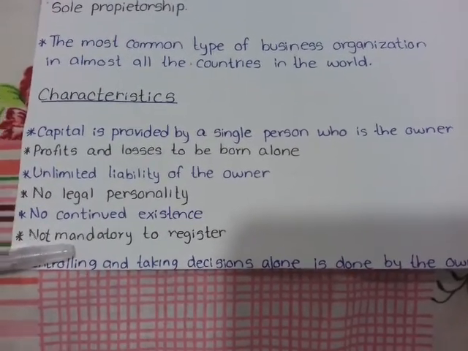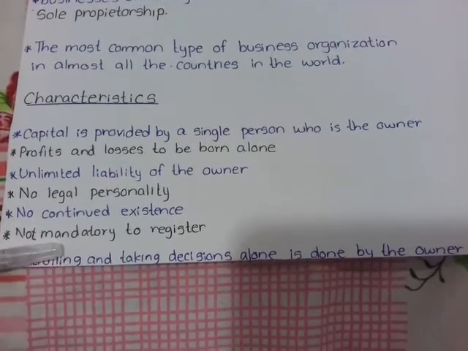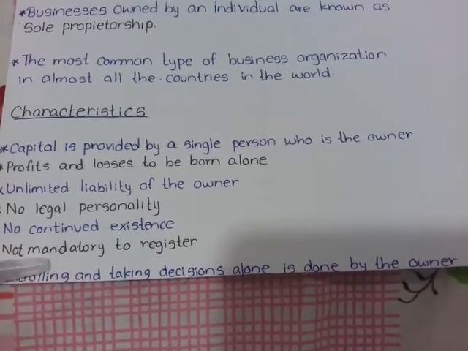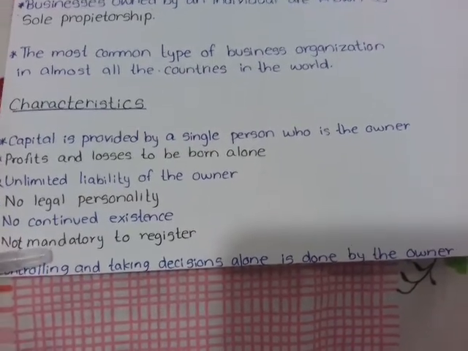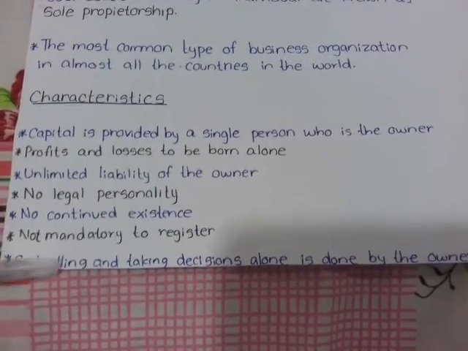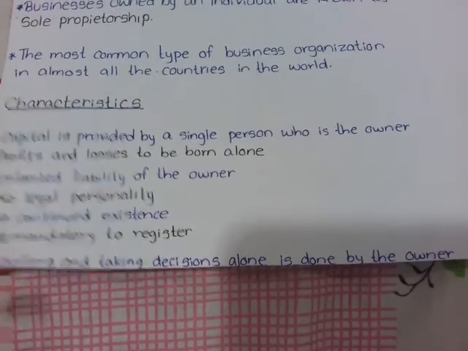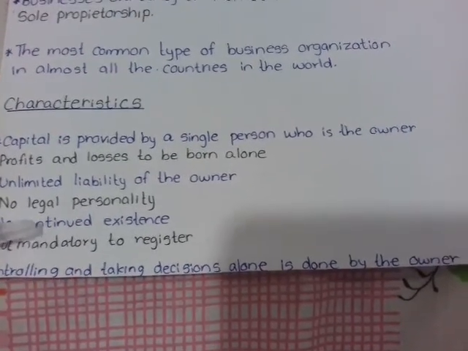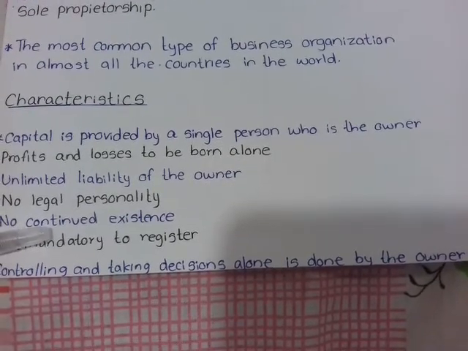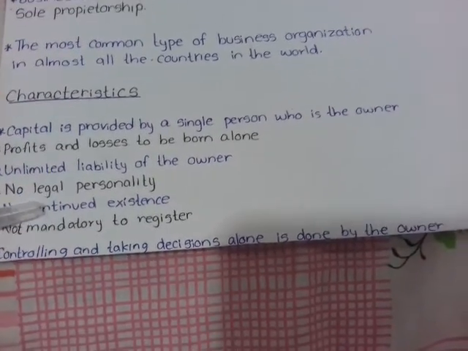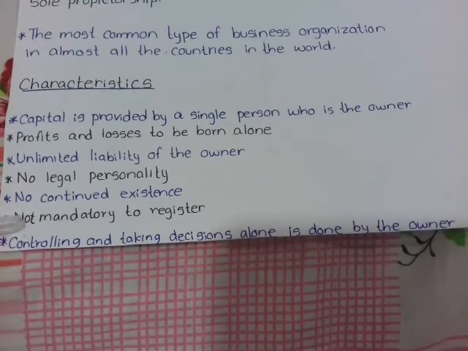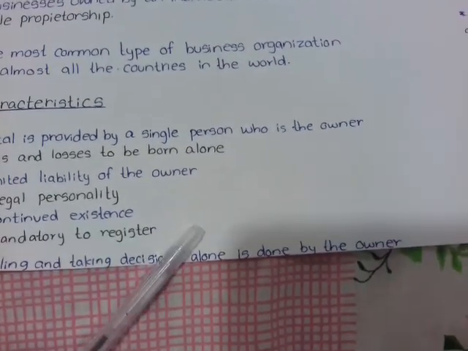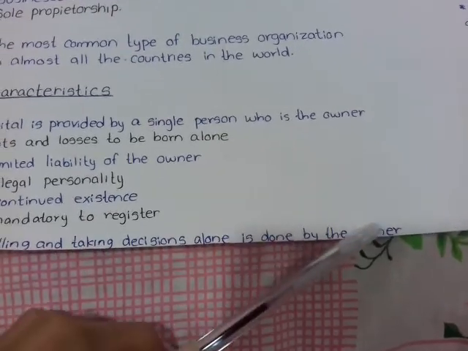But I'm also going to be discussing with you the procedure we should follow to register a sole proprietorship. So let's carry on with the characteristics, and next I'm going to be discussing the procedure we should follow when we are registering a sole proprietorship. Okay, the next characteristic is controlling and taking decisions alone is done by the owner.